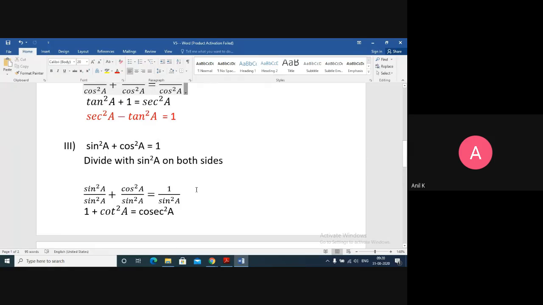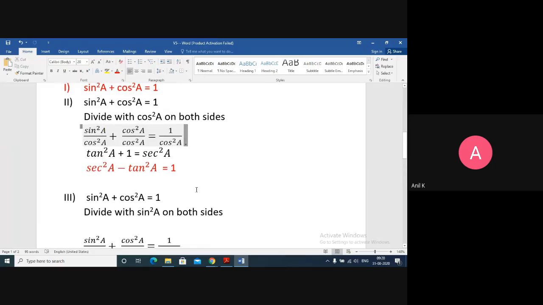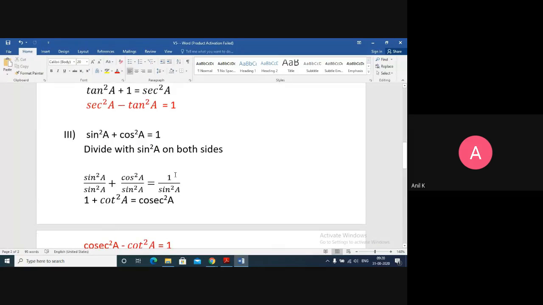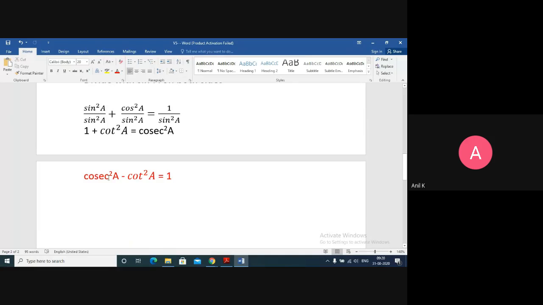Even if somewhere I find 1, I can replace it with any of these three identities: sin square A plus cos square A, or sec square A minus tan square A, or cosec square A minus cot square A.